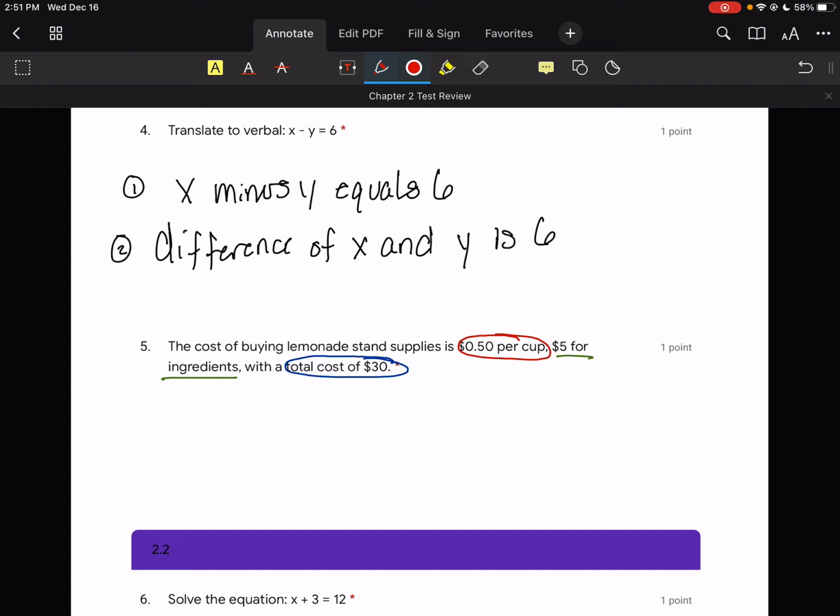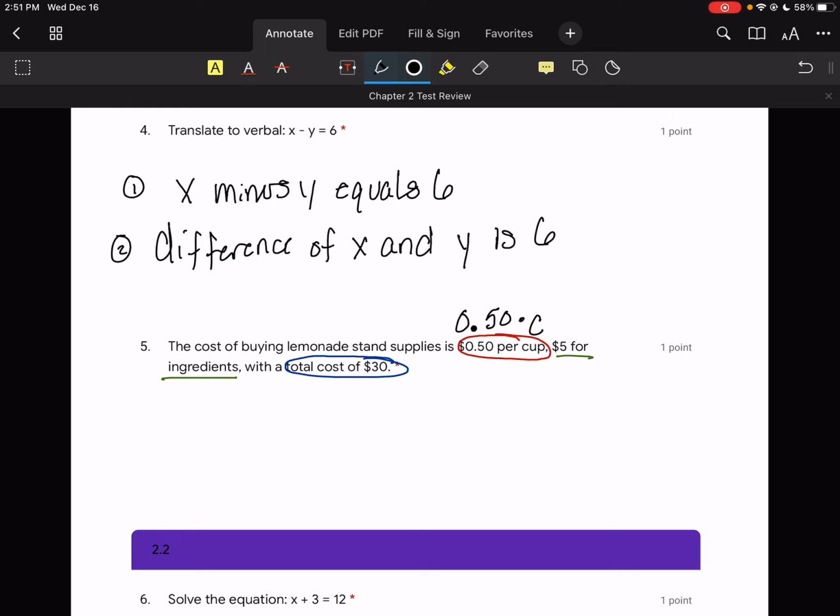So if I have 10 cups in my cart, I'm multiplying 10 times 0.5. So this part here means 10, or my cups, so I'm going to use C. So 0.50 times my cups.